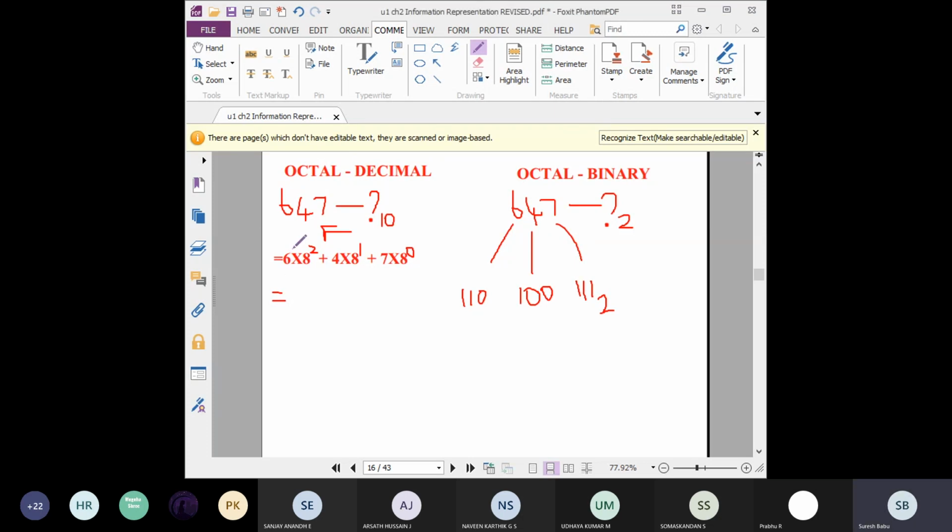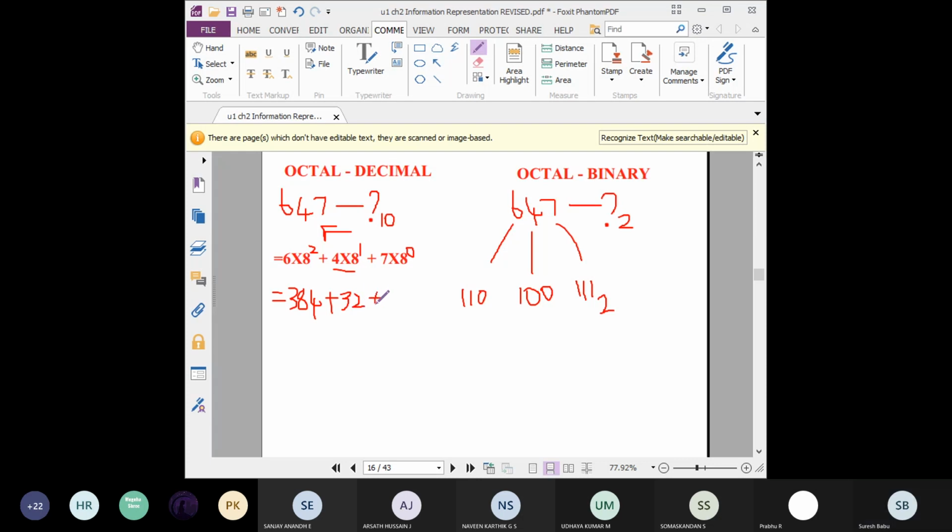Okay, so what is 8 square? 8 square is 64. 64 into 6. Students, what is the value? 64 into 6, you will get 384. Then next one, 4 into 8, you will get 32.